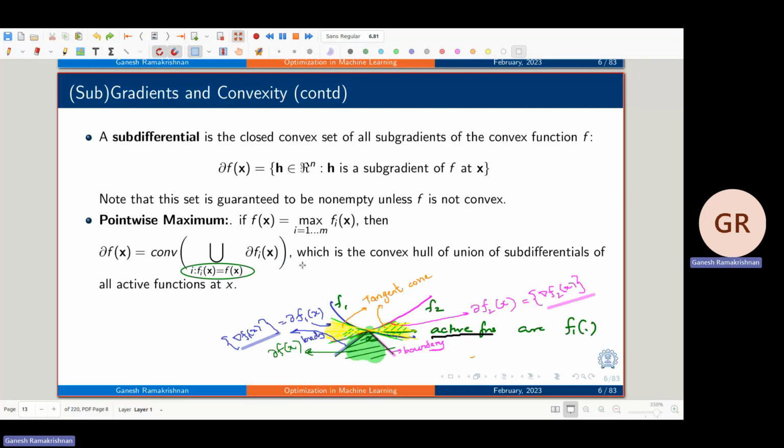Is it clear? So all of you will have to write descent algorithms, right? If you write descent, you need to know how to compose for max. It's very handy. So all these functions for which the function values match or coincide with fx, they're called active. They're the active functions.